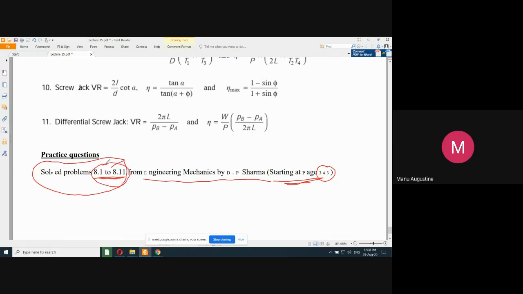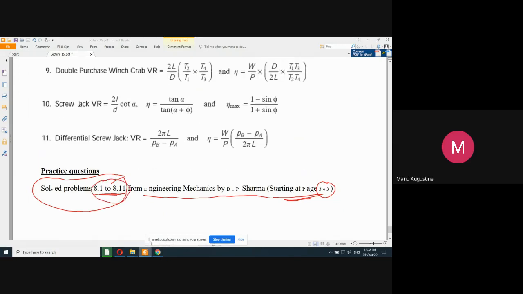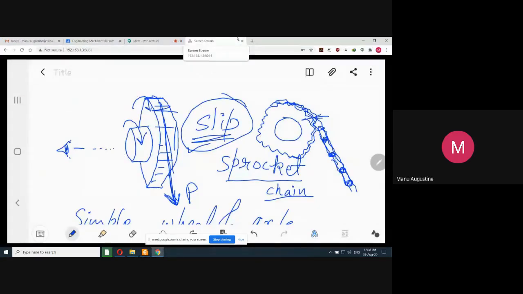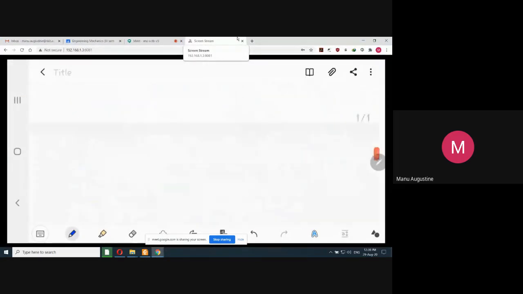Now, for the set of lifting machines that we have just learnt, I will just give you guidance on which problems are associated with which type of lifting machine.